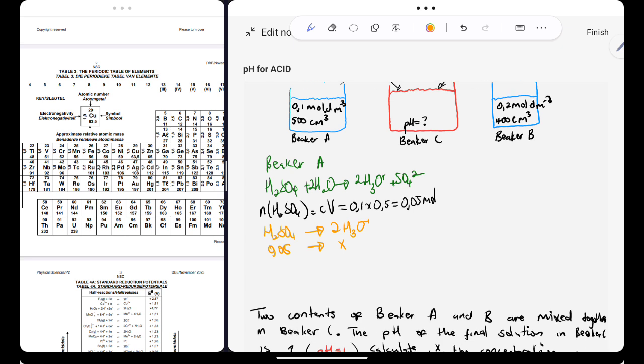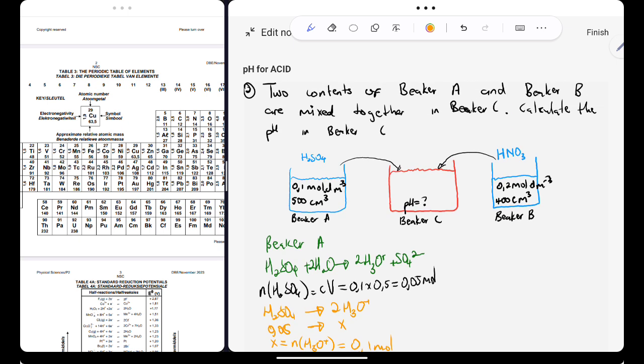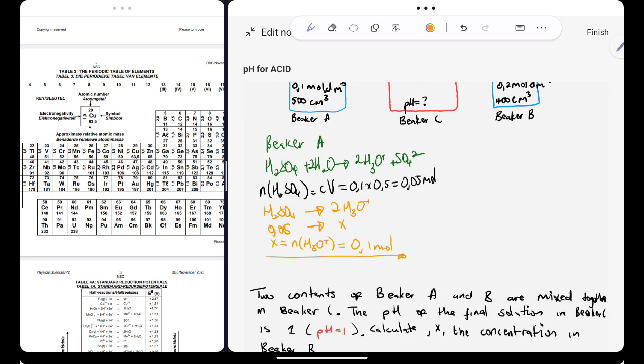Whenever I cross multiply, I'll find that X, which represents the number of hydronium ions that I formed, is simply 0.1 moles. So this simply tells me that beaker A has contributed the number of hydronium ions, which is equal to 0.1. Now I want to find out the number of hydronium ions contributed by beaker C.